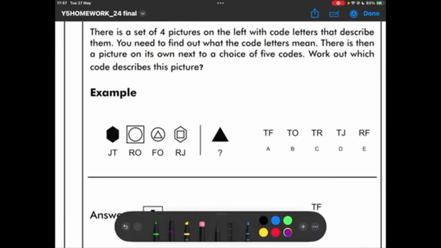Now onto the code ones, which are the best ones, because they're easy to do. So here you just find 2 of them that have the same letter in the same place, and find what shape or pattern they have in common. So, for example, these two both have an R as the first letter, and what do they both have in common?